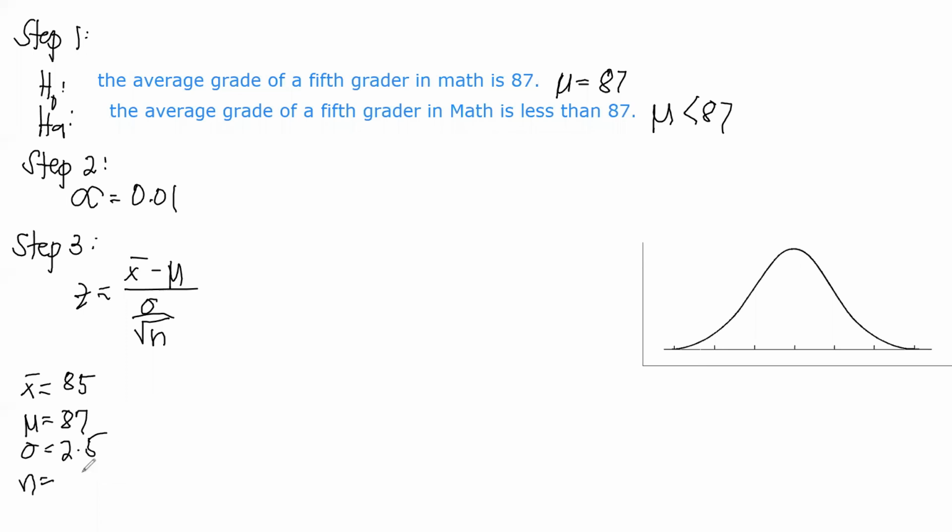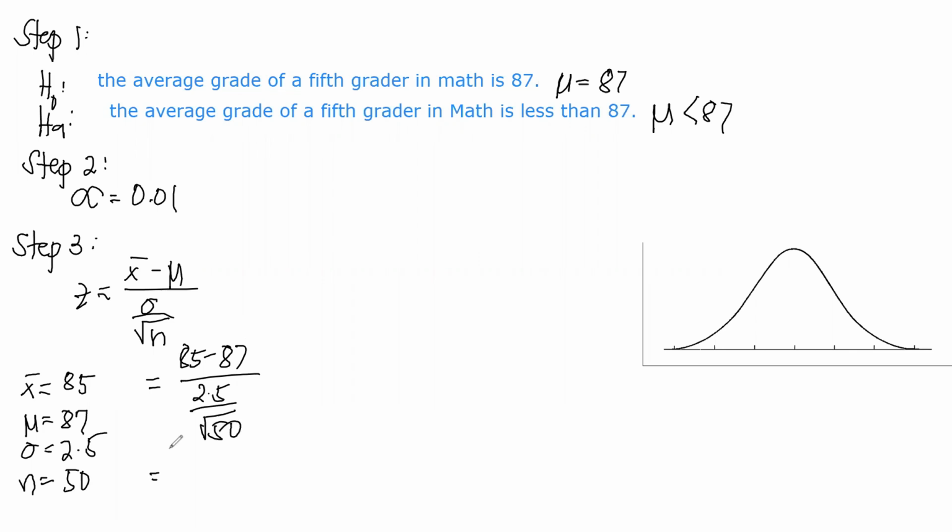Okay, so simply substitute the given. So we have 85 minus 87 over 2.5 over square root of 50. So what's the answer?